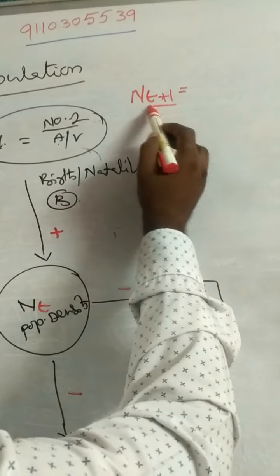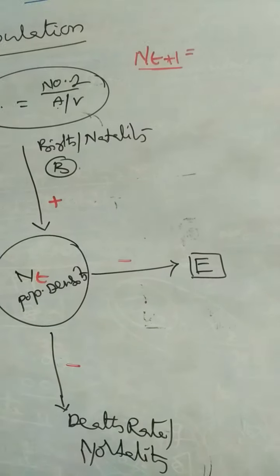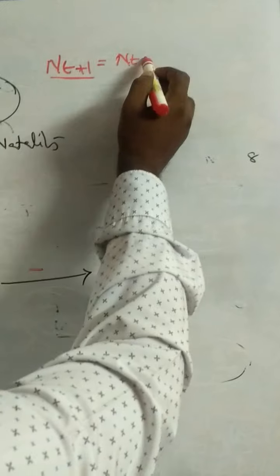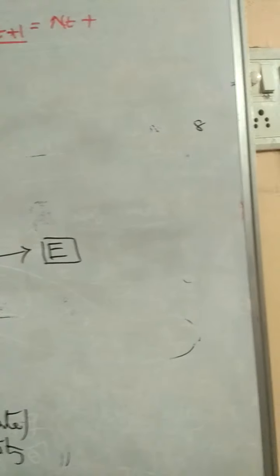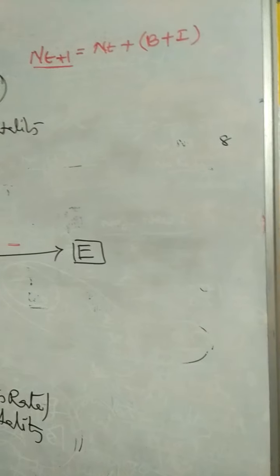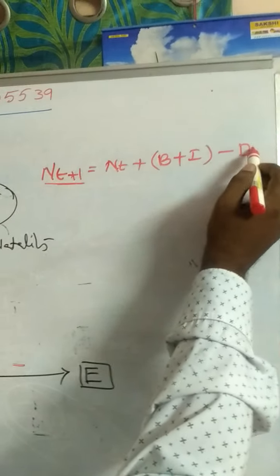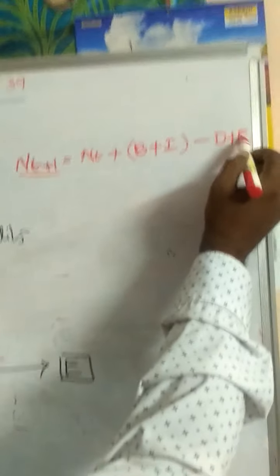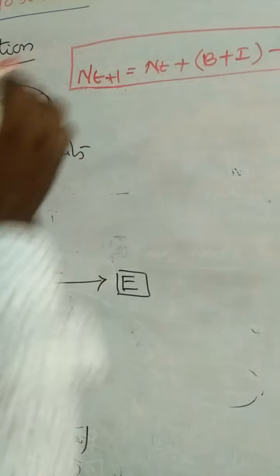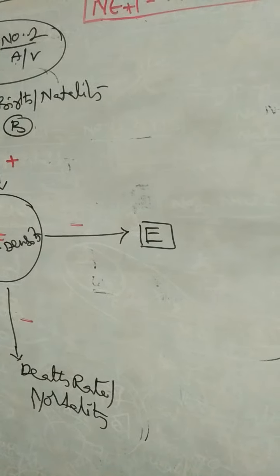Population density at time t plus 1 is equal to Nt plus birth rate plus immigration minus death rate plus emigration. This is the formula for population density at time t plus 1.